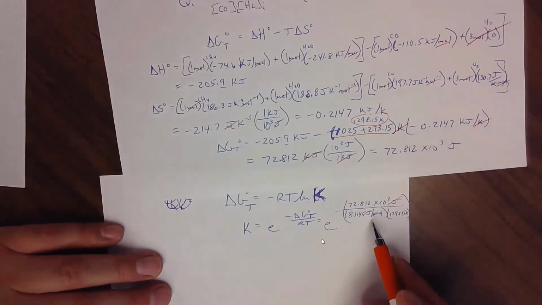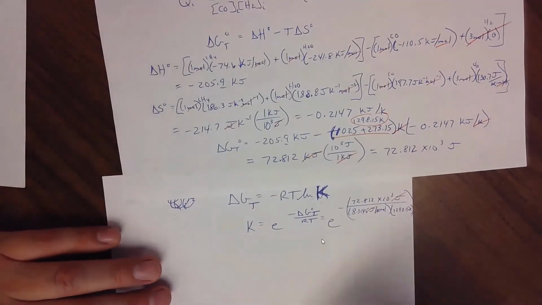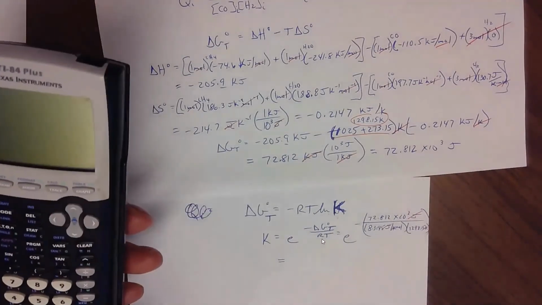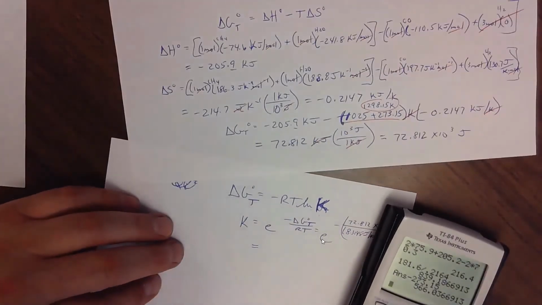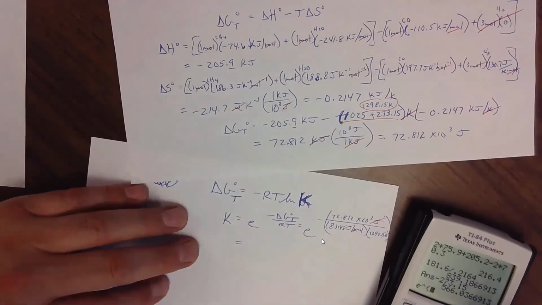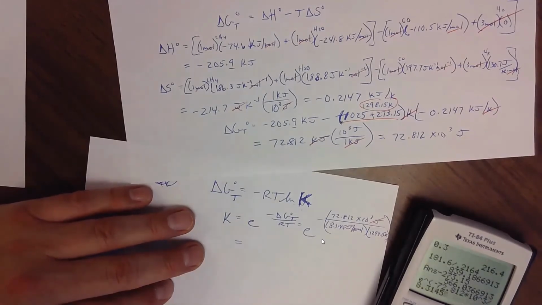You just have to ignore that. That's unfortunately one of the things that happen with this type of problem. So we just ignore that. This then would give us a value. Now, I didn't do it this way. I'm going to show you a different solution, but we would plug this in. And so this would be E to the negative 72.812 times 10 to the third divided by 8.3145 and divided by 1298.15.